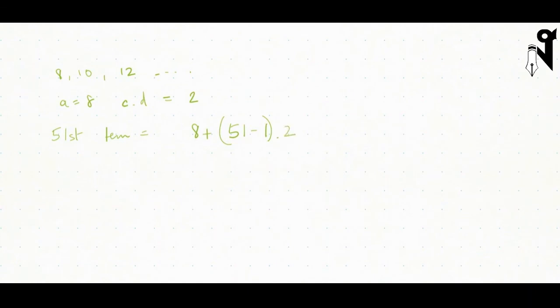This is A plus n minus 1 d. Okay, so I have 8 plus 50 into 2, that is 108.